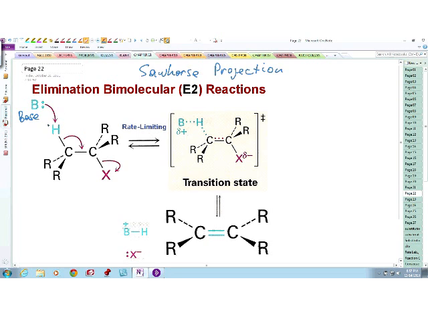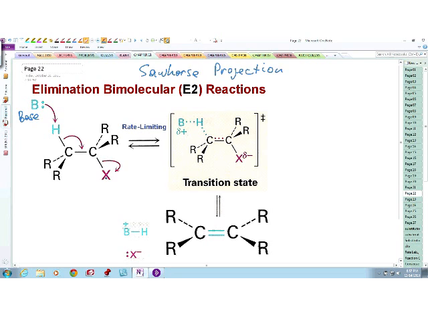So the base is coming here, abstracting this proton here, or grabbing this proton here, and at the same time, the two non-bonding electrons that are used to bond between carbon and hydrogen come here to form a pi bond between this carbon and this carbon.